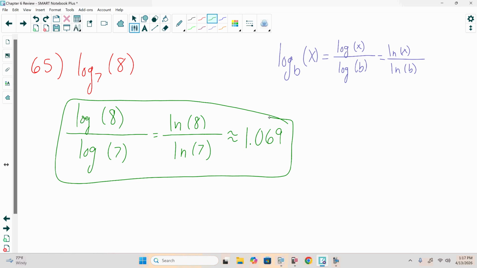We need all three parts, especially on the test. Questions on 65? Which one do we want to look at next?